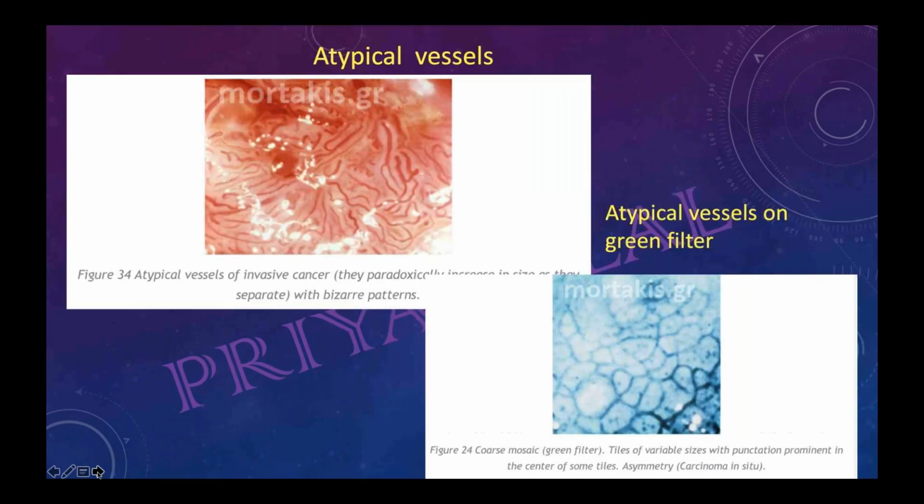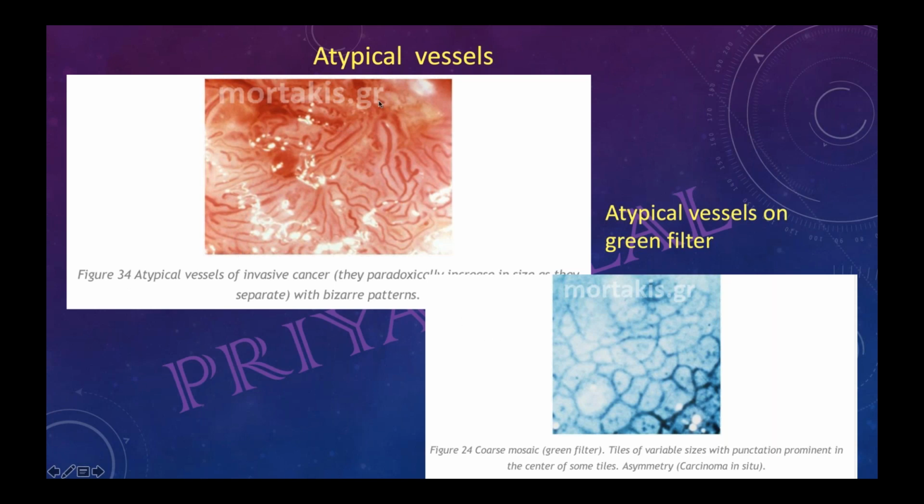But if there is no arborizing pattern, some vessels are thin, some are getting thicker, then thinner, then thicker, there is no pattern at all. They appear as screw, comma, or cork shapes. So many things are there. You have to understand that you are dealing with an invasive cancer. This is the vascular pattern, atypical vessels in an invasive cancer.